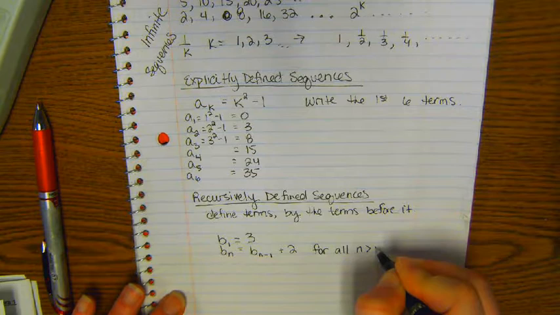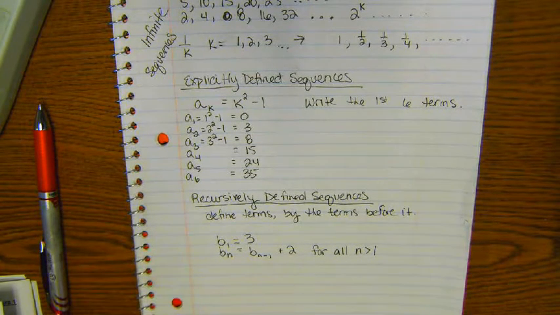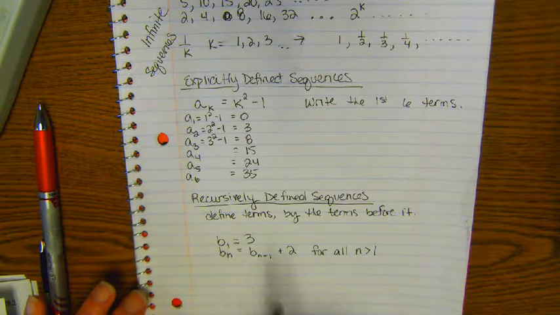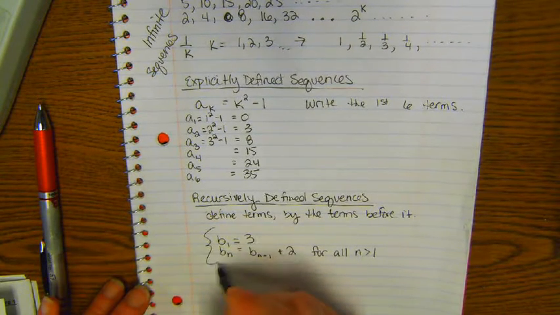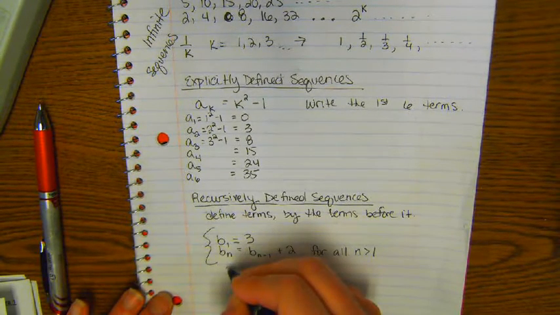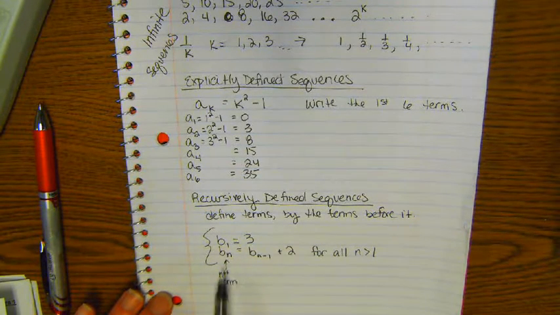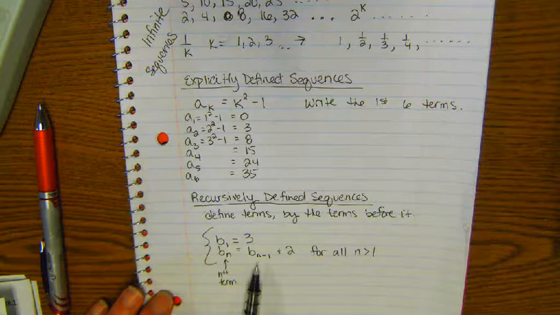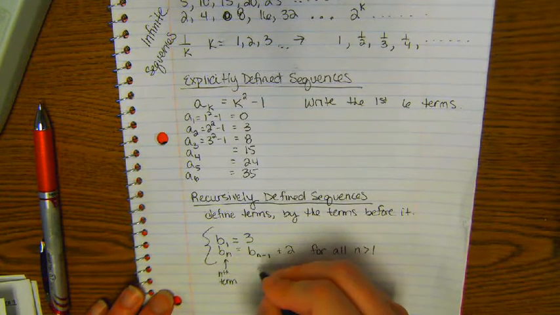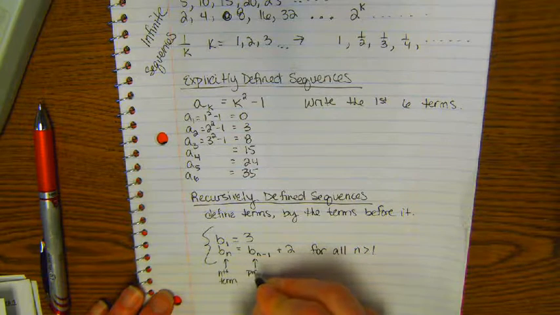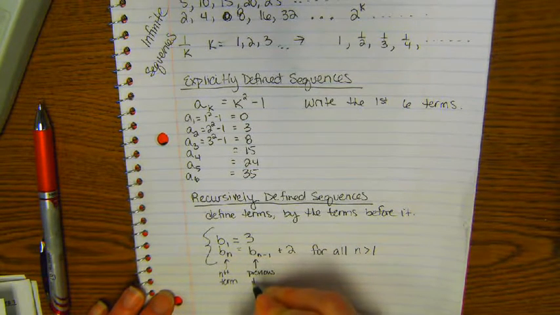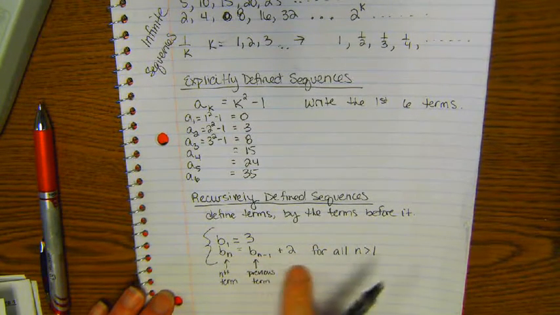And we're assuming that these are integers, okay? So in other words, this is the first term, and it's saying to find the nth term, isn't n minus 1 before n? So to find the nth term, you take the previous term and add 2. That's all that means.